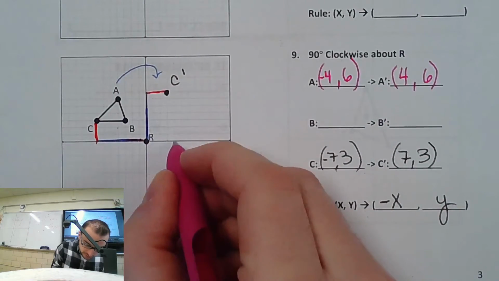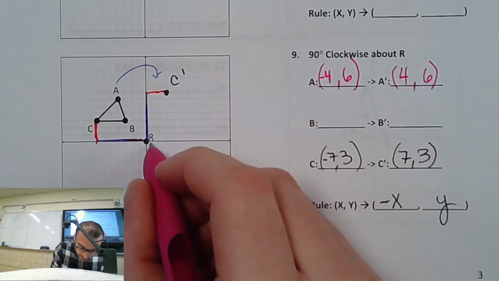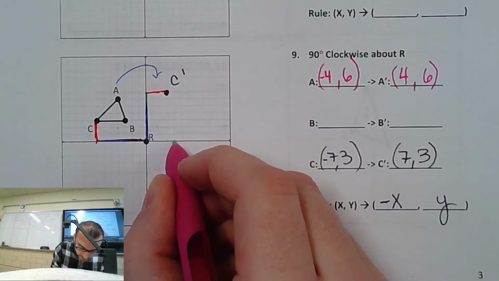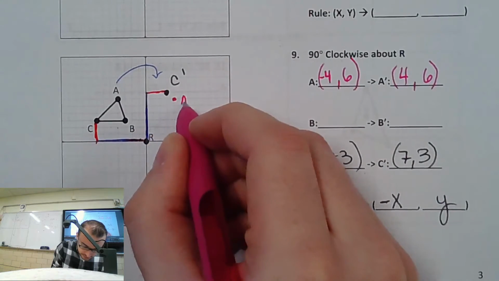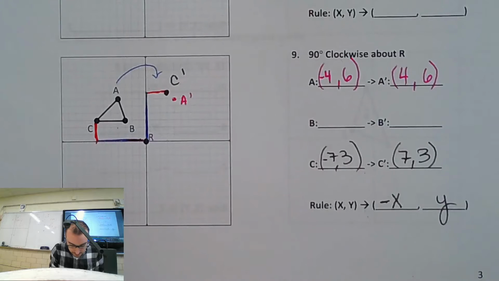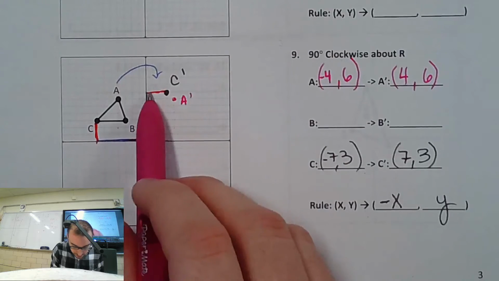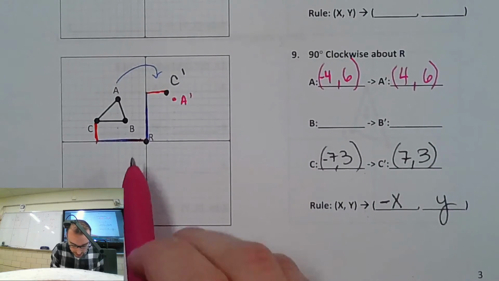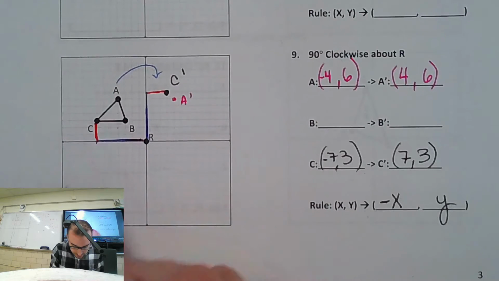1, 2, 3, 4. 1, 2, 3, 4, 5, 6. That's why I was confused. Did I goof this somehow? Yeah, it doesn't work. I went clockwise about R, a 90-degree angle.